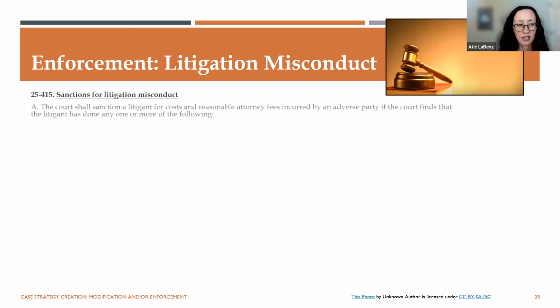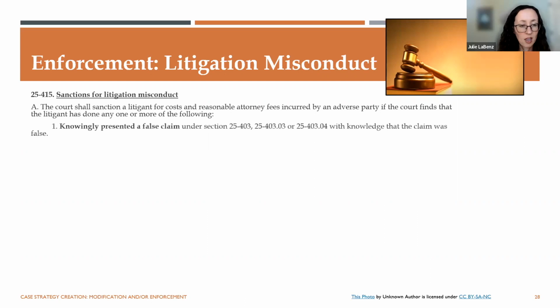What if the other side is engaged in litigation misconduct? Well, we have 25-415. The court shall sanction a litigant for costs and reasonable attorney's fees incurred by an adverse party if the court finds that the litigant has done any one or more of the following: knowingly presented a false claim with knowledge that the claim was false.